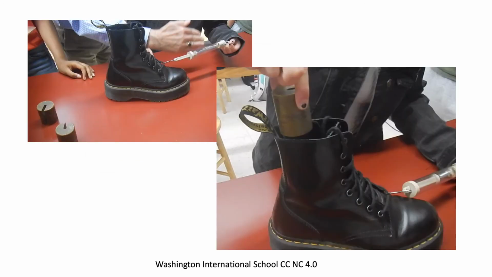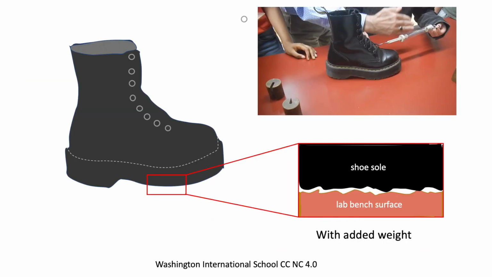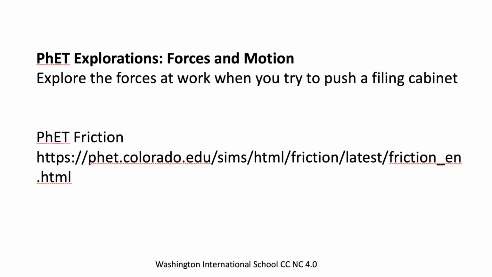And so with our shoe, when we're adding weights, the surfaces get closer together than they were without the weights in. So you're increasing the force required to pull the shoe across. And what is that relationship? You've looked at the slope. Is there a direct relationship in your graph?